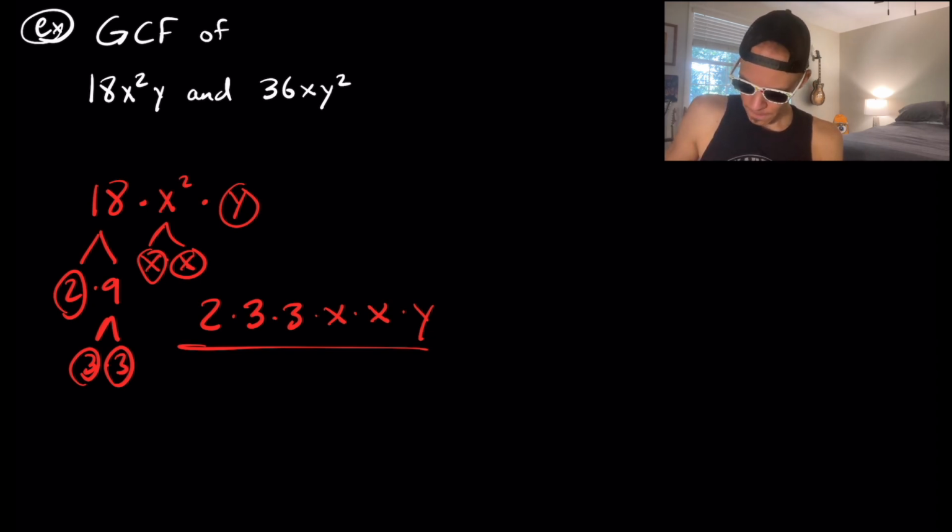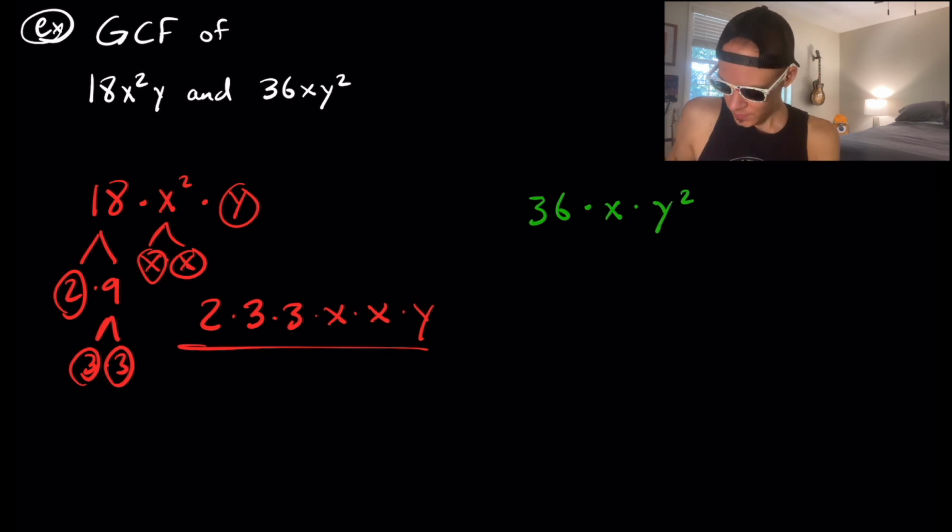For 36x squared, or xy squared, I'm going to write it first the same way that I did with the 18 term. So we'll do 36 times x times y squared. And then let's prime factorize 36.